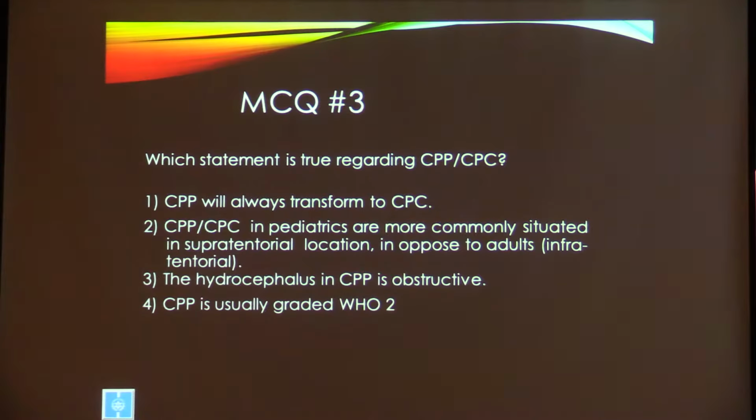One, choroid plexus papilloma will always transform to choroid plexus carcinoma. Two, choroid plexus papilloma or carcinoma in pediatrics are more commonly situated in a supratentorial location as opposed to adults. Three, the hydrocephalus in choroid plexus papilloma is obstructive. Four, choroid plexus papilloma is usually graded WHO 2.